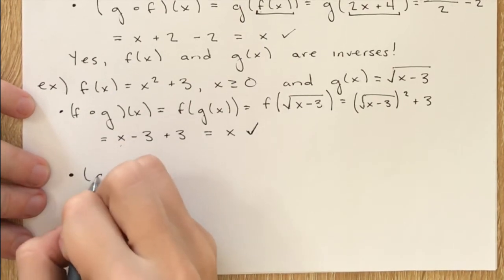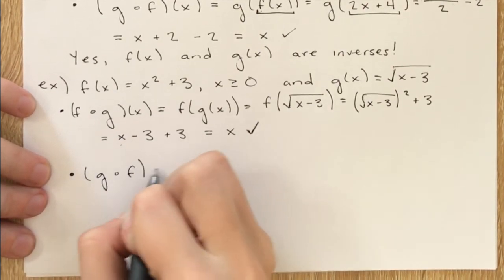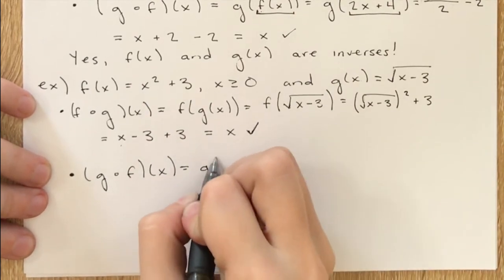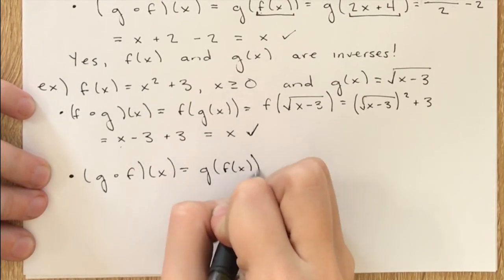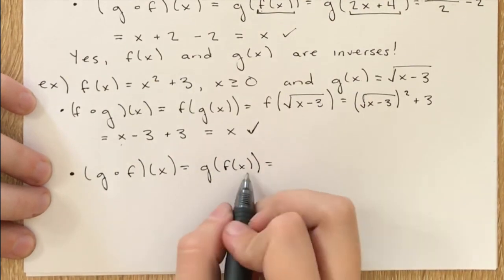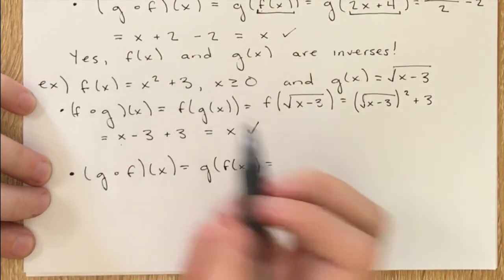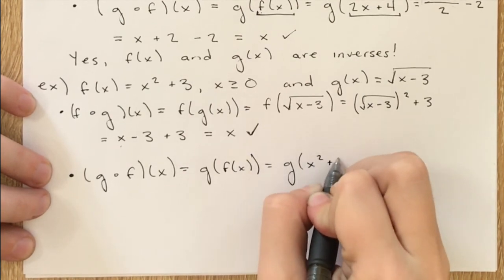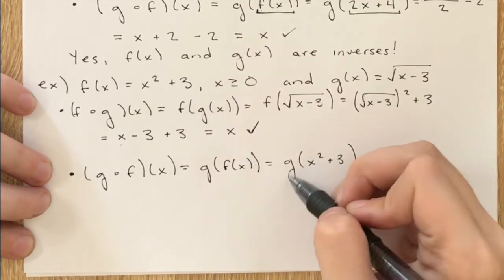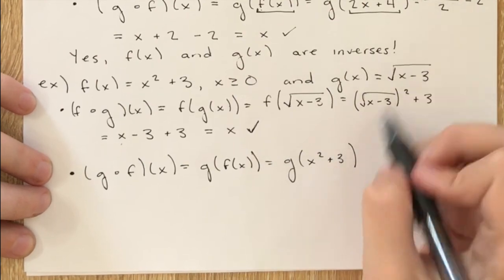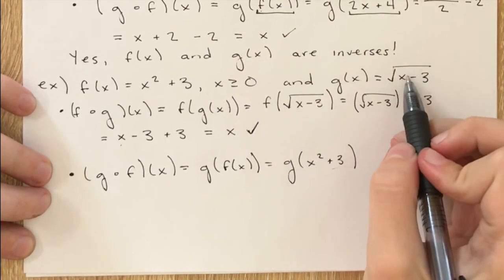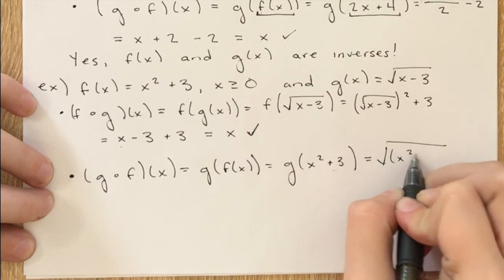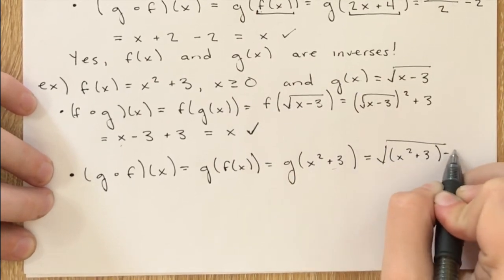Okay, what is g of f of x? Well, again, we've got g of f of x. So f of x is x squared plus 3. So we have g of x squared plus 3. G of x squared plus 3 means we have to plug x squared plus 3 in for x over here, so we do that. We have x squared plus 3 minus 3.